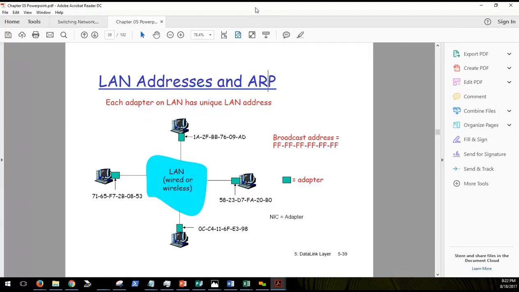And I also said that, as you can see right here, the MAC address takes the form of 12 hexadecimal digits broken into groups of 2. And that every adapter is assigned a unique MAC address.